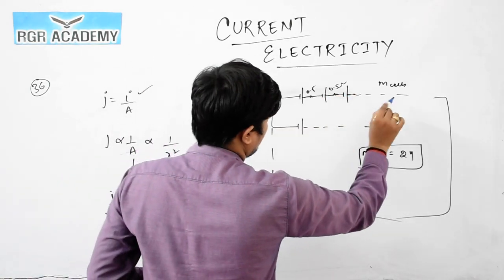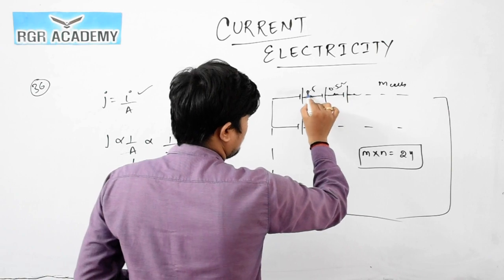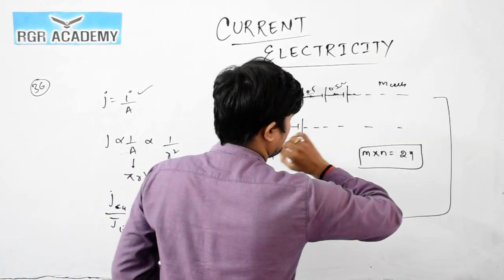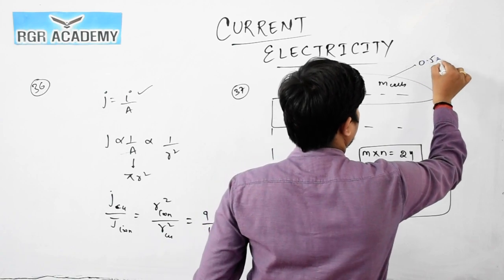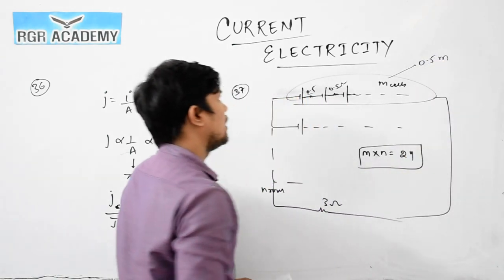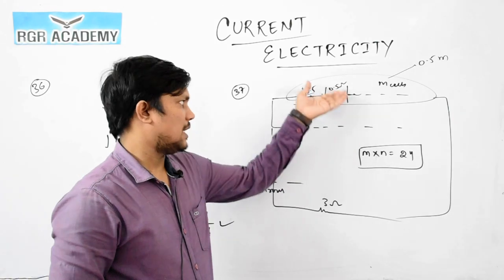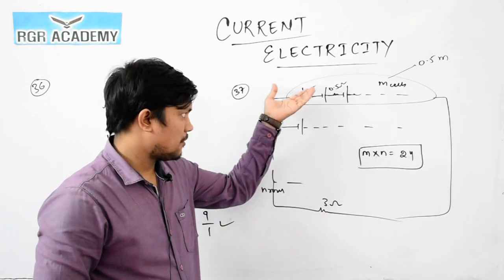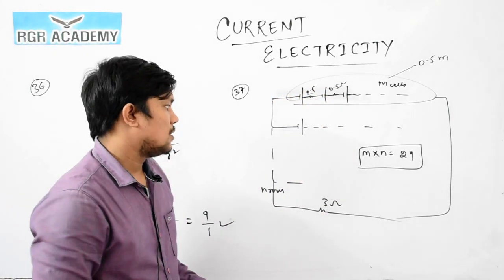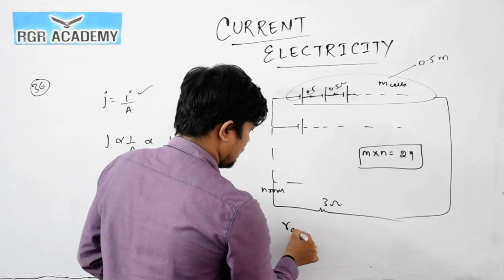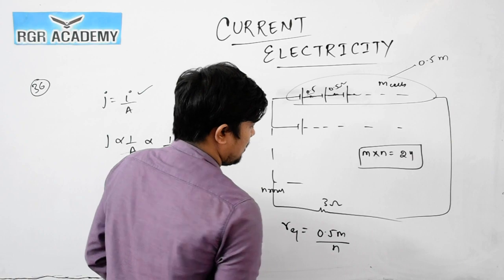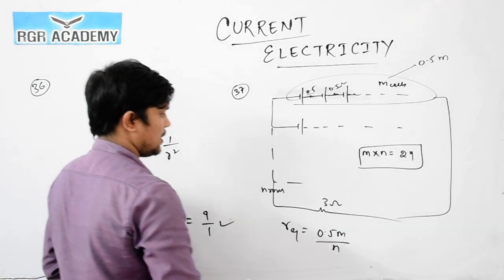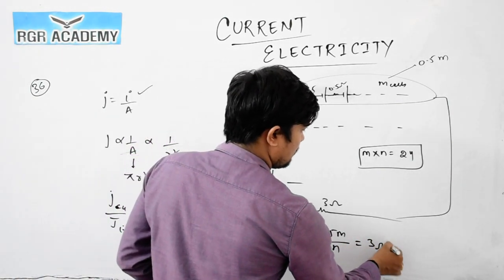For one row, the resistance is 0.5 m, so the equivalent of this branch will be 0.5 into m. These branches are in parallel, so the internal equivalent resistance will be 0.5 m divided by n, and for maximum current this should be equal to 3 ohm.